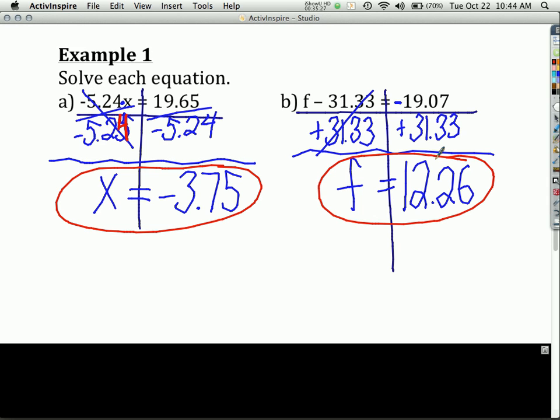If you don't have a plus-minus button, what you can do is this. If your calculator doesn't have that button, it can still do it, but it works very strangely. You actually have to push the subtraction button, and it might not show up, but it's doing it kind of in the background.